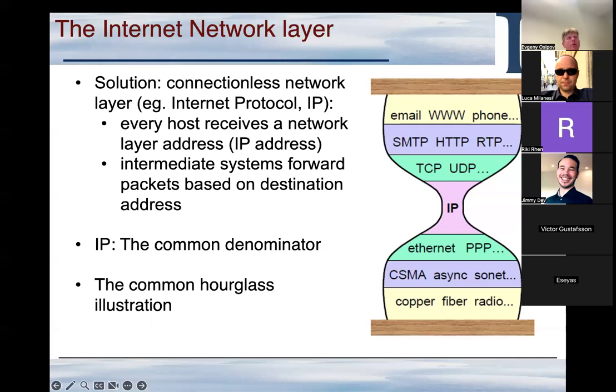We need some homogeneous addressing, because on the link layer the formats are really not defined. And moreover, since we are aiming at creating large-scale networks, these addresses should be hierarchically structured for efficient routing inside this global network.